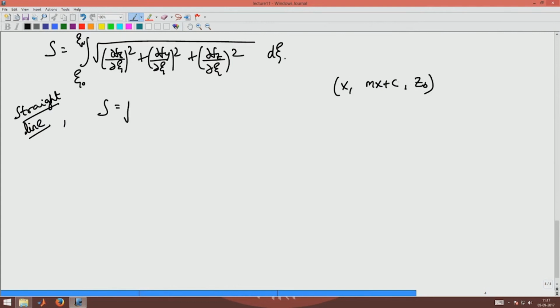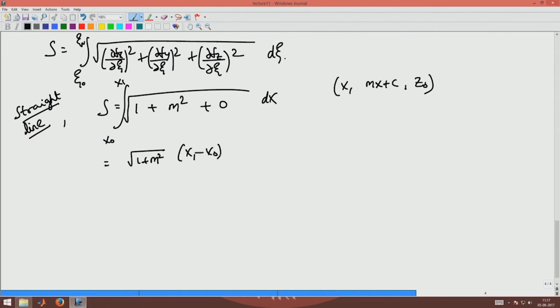So, it will be the root of the integral from x 0 to x 1 of 1 plus m square plus 0 dx, or it will be the root of 1 plus m square into x 1 minus x 0.